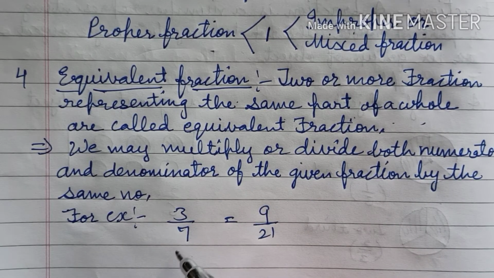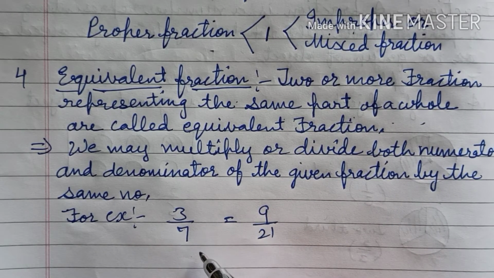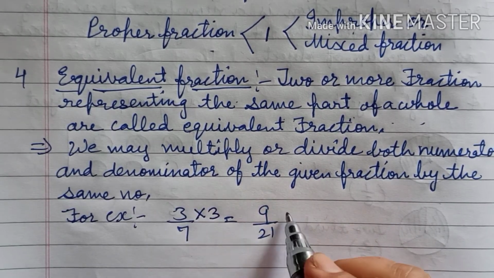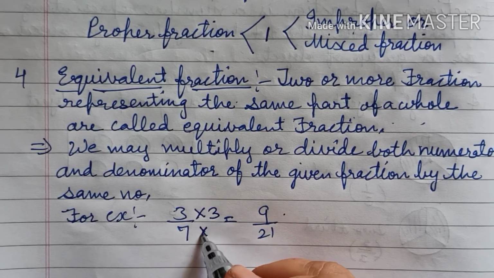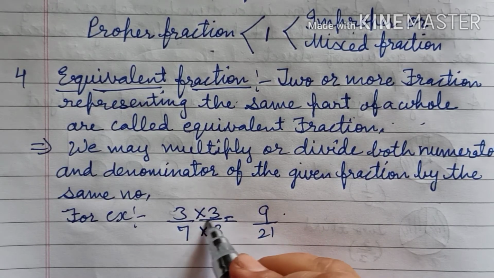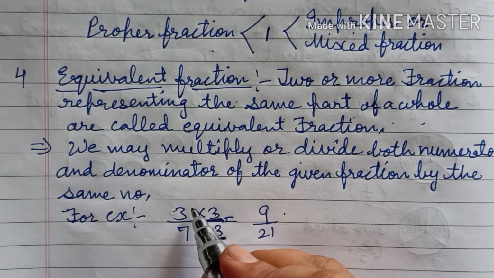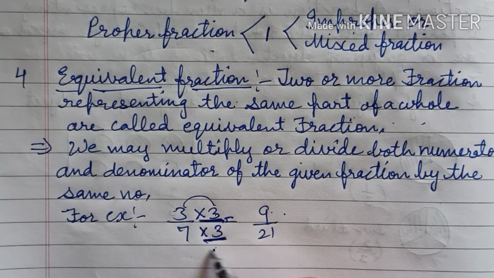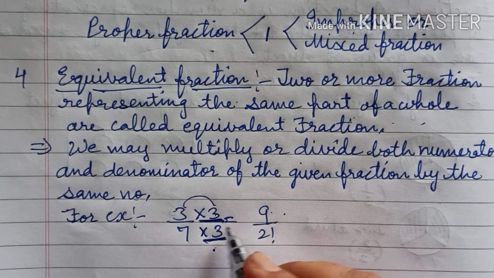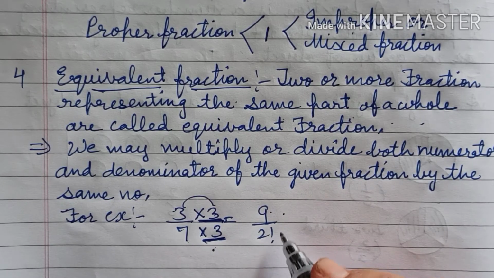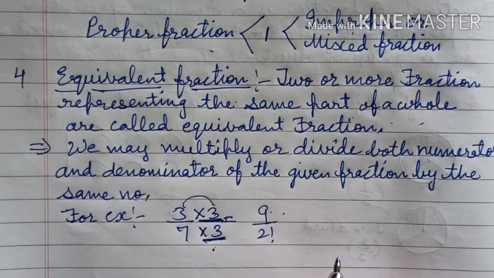For example, we have 3/7. 3 multiplied by 3 gives 9, and 7 multiplied by the same number: numerator and denominator are both multiplied by the same number. 3 threes are 9, 7 threes are 21. So 3/7 is equivalent to 9/21.